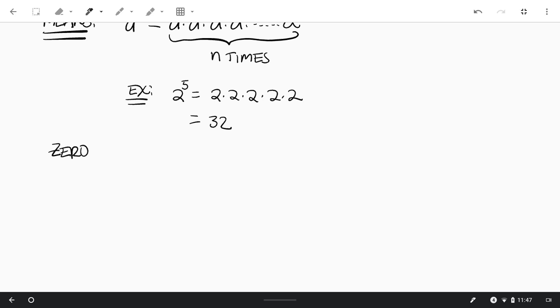Let's take a look at what the 0 and the negative exponent mean.